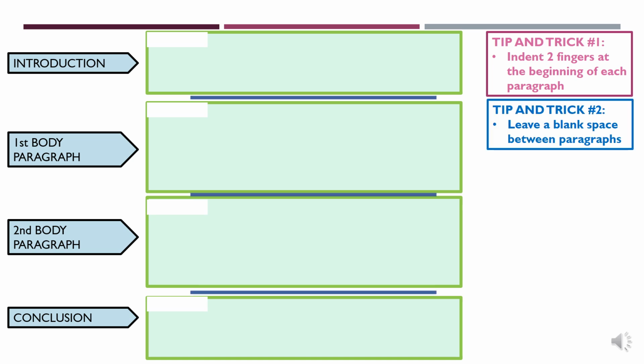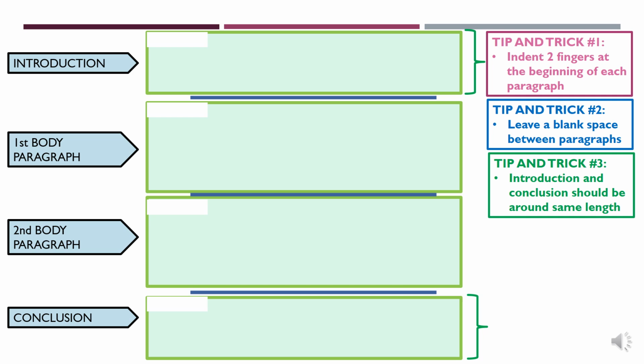Please leave a blank line between the paragraphs. Why? Because if you combine these 2, the person who's going to correct your essay will straight away see that you have 4 paragraphs. He or she is not going to search, oh, where's the beginning, where's the end? No. So indent 2 fingers and leave a blank space between paragraphs.